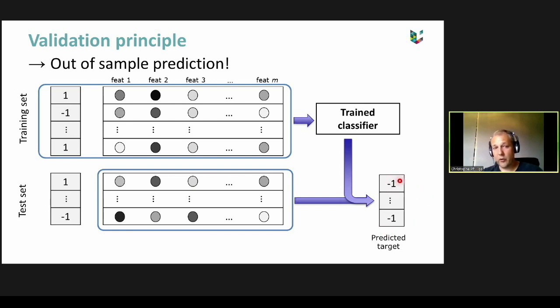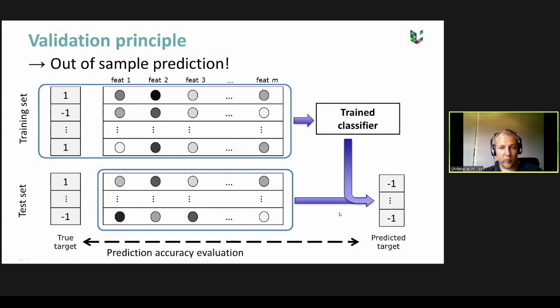And you get some output for these few test images. And now the key thing is we want to compare the true target, the things that we know from the beginning, with the predicted target. And for example, here you will have a mismatch, so that would be one error. And that's the key idea.